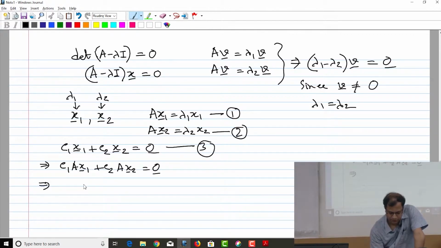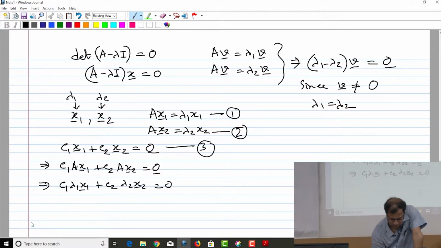So we substitute A x1 and A x2: c1 lambda 1 x1 plus c2 lambda 2 x2 equal to 0. Then you again substitute from 3, c2 x2 is minus c1 x1.